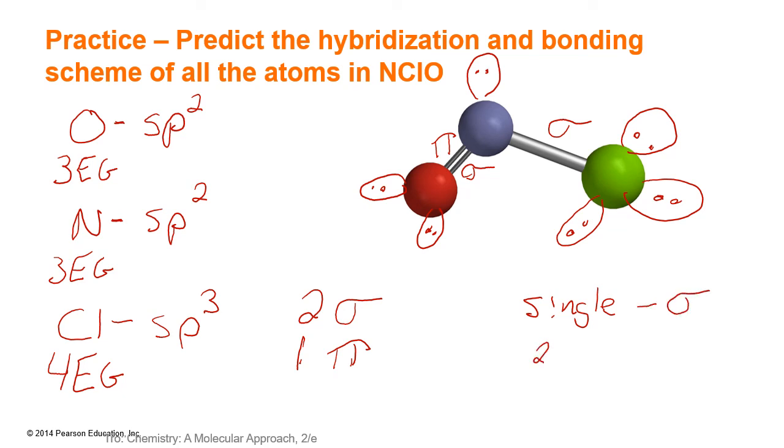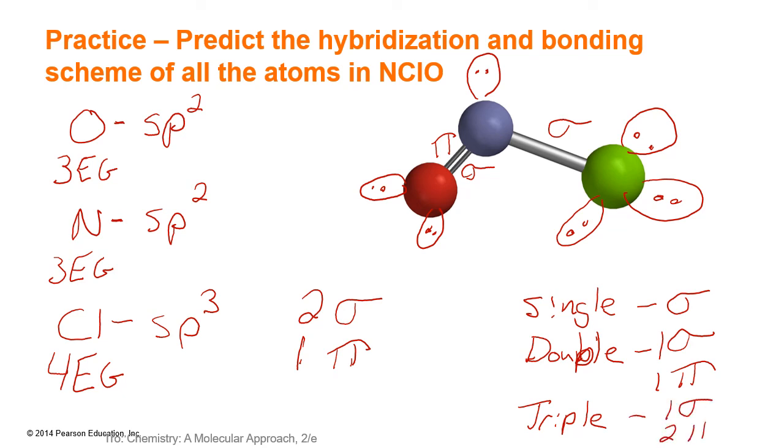Double bonds have 1 sigma and 1 pi, and triple bonds have 1 sigma and 2 pi.